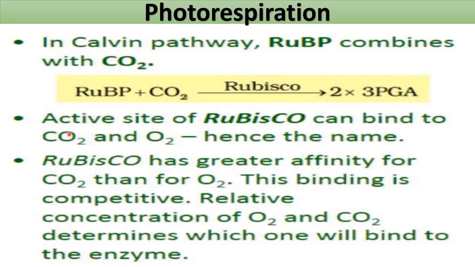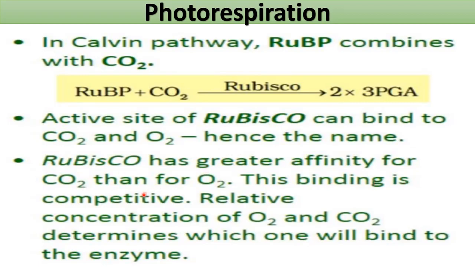Now, active sites of Rubisco can bind to carbon dioxide and oxygen. We discussed yesterday that Rubisco can bind oxygen as well as carbon dioxide. Rubisco has greater affinity for carbon dioxide than oxygen, meaning if the same concentration of both is present around Rubisco, it will bind with more carbon dioxide.